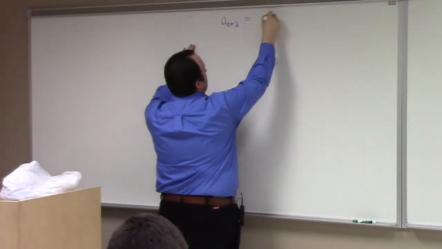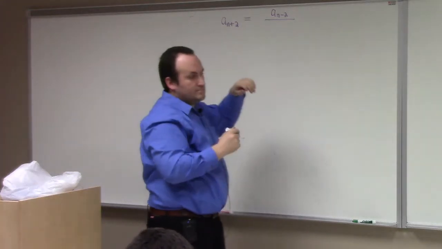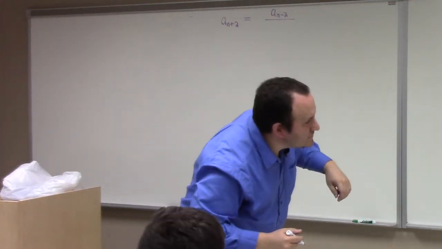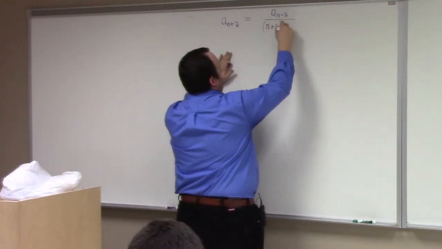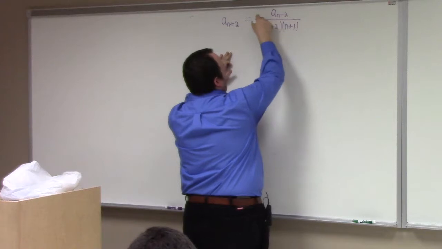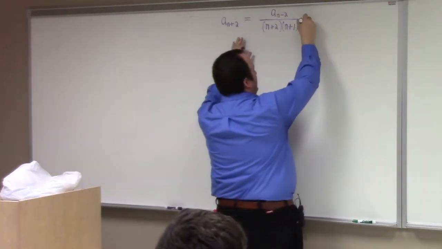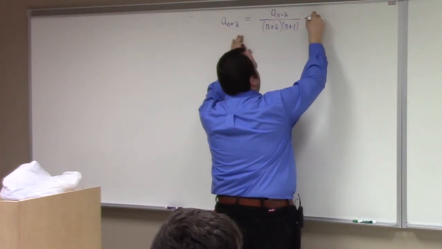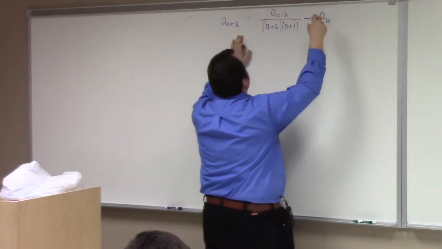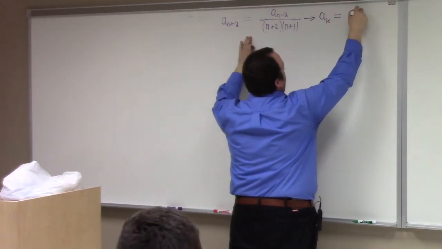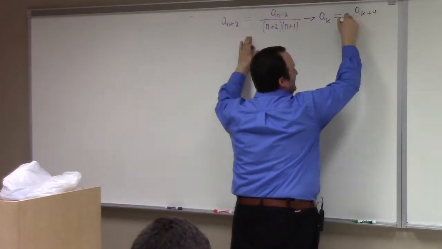A sub n plus 2 is equal to a sub n minus 2 over what is it? n plus 2 times n plus 1, right? But this is too much thinking. Let's switch it up a little bit here. This we could rewrite as, let's say, a sub k plus 4 equals what? K plus 4, right?